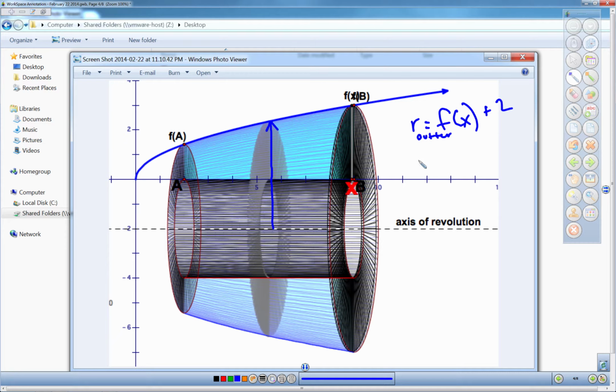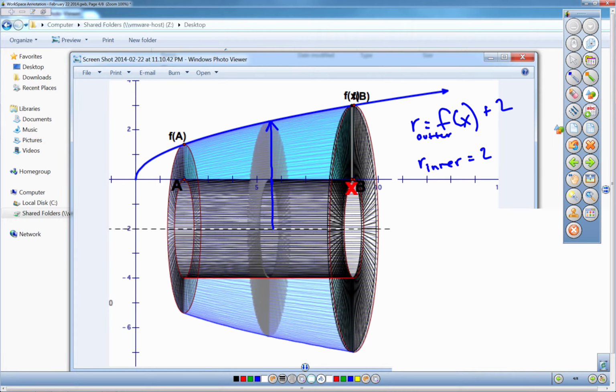What would be the radius of the inner circle? Well, the radius of this piece right here is just simply 2. What I'm going to set out to do now is to describe analytically the formula for the volume of this particular shape.